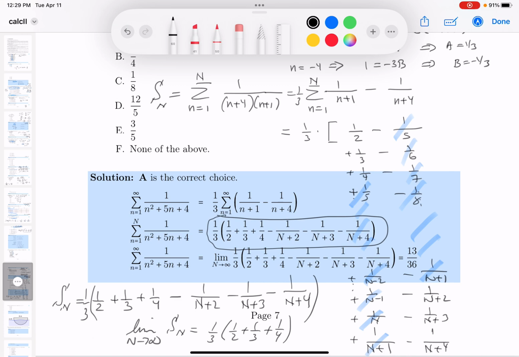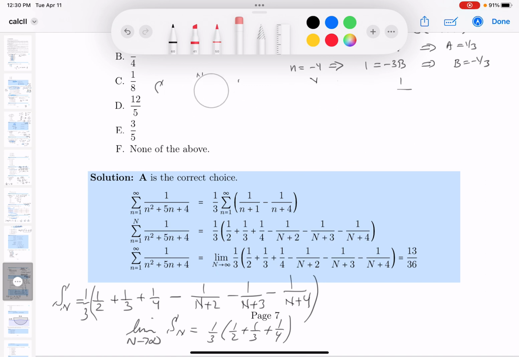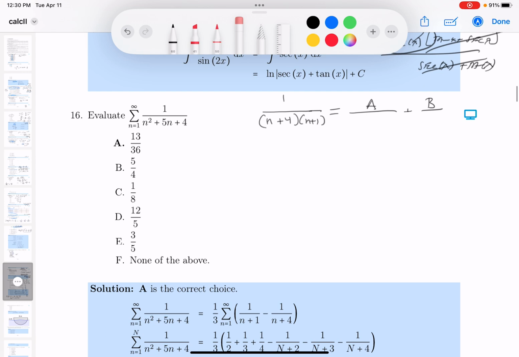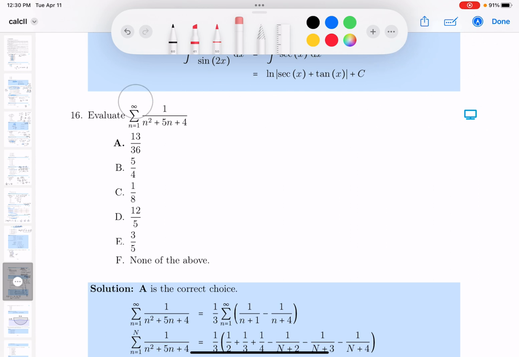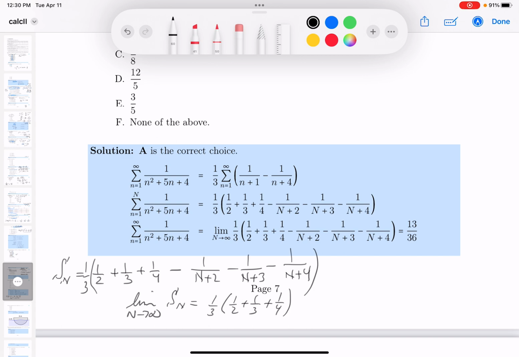Now, granted, I got to do the arithmetic. Mistakes can happen, and I want to point out on multiple choice exams, typically if you make a stupid mistake, your answer will not be listed. But if you're making what I call a common mistake that other people would make who don't understand the material, that answer would most likely be listed. So let me go through this and write down what I see.